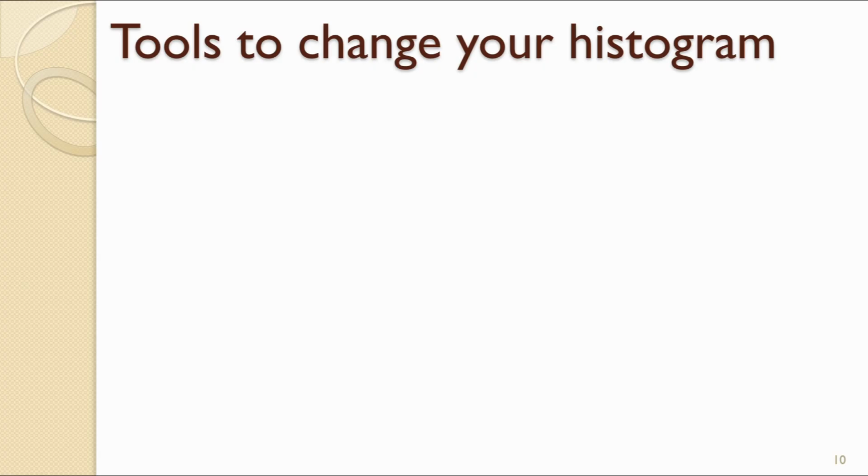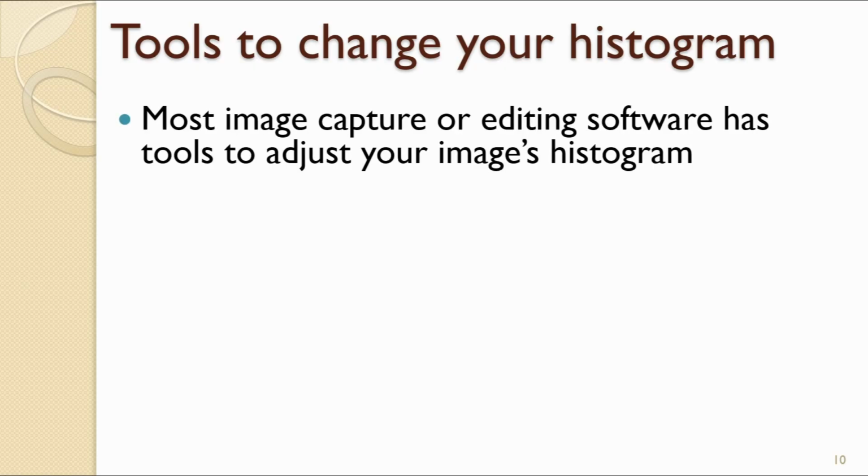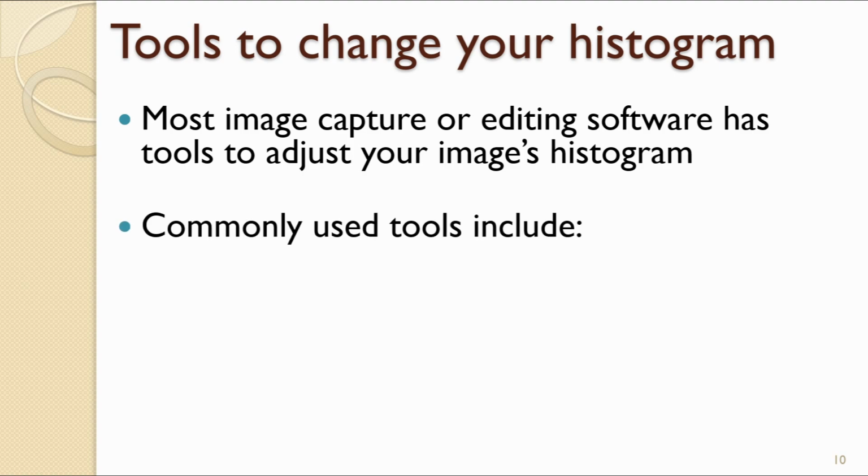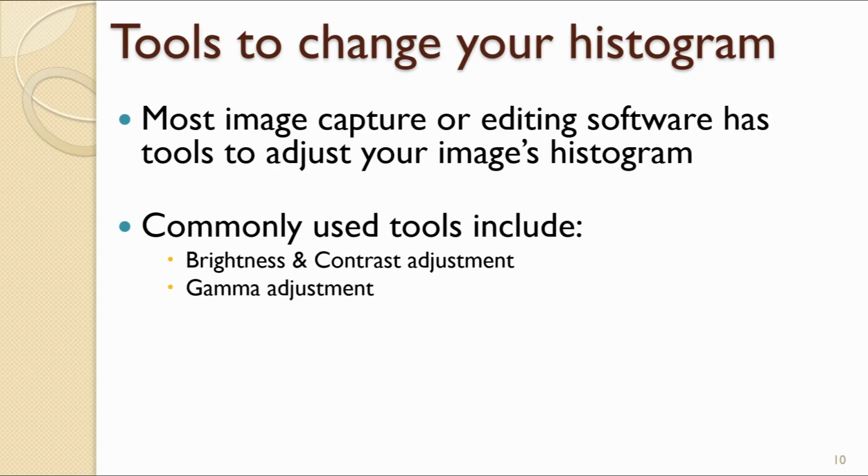There are lots of tools available in software today to allow you to play with your histogram and make adjustments. The tools come with many different names. Brightness and contrast are probably the two most common adjustments you can make, followed by gamma. There's a group of tools called tone balancing, tone mapping, or curves.